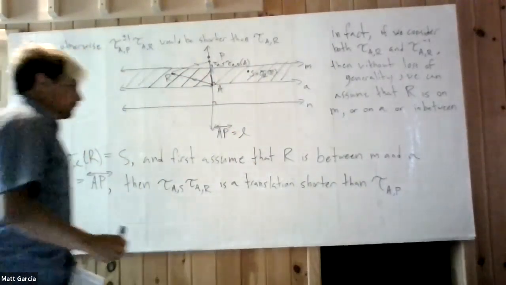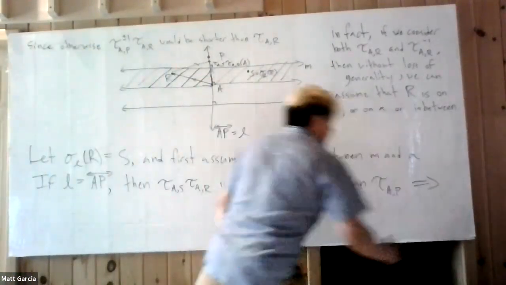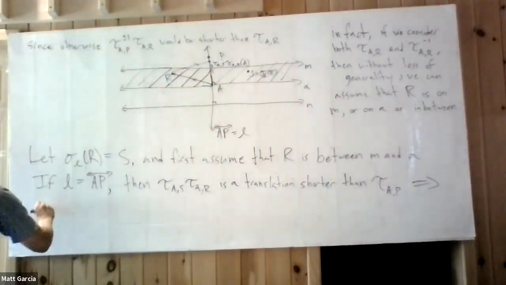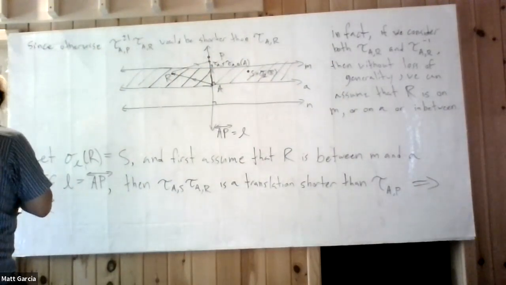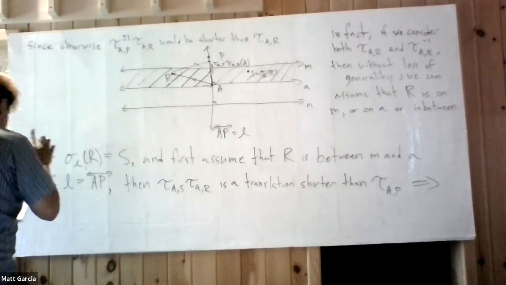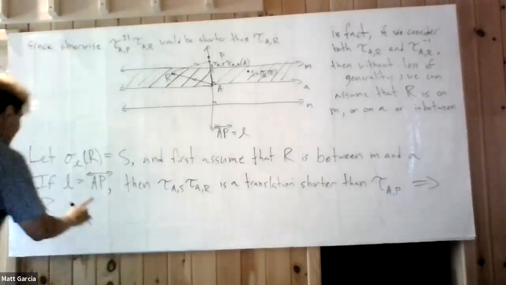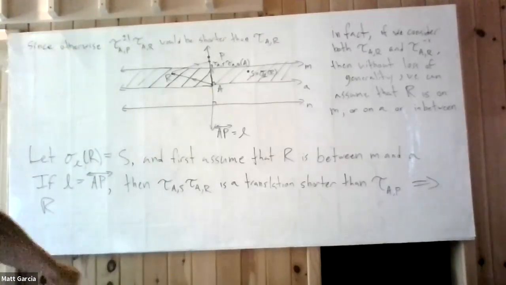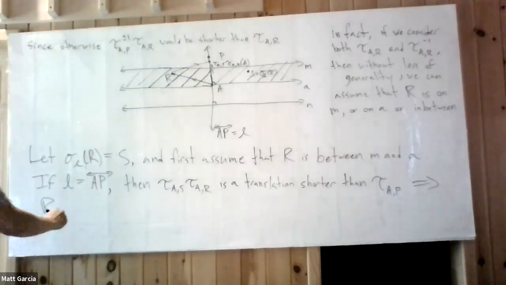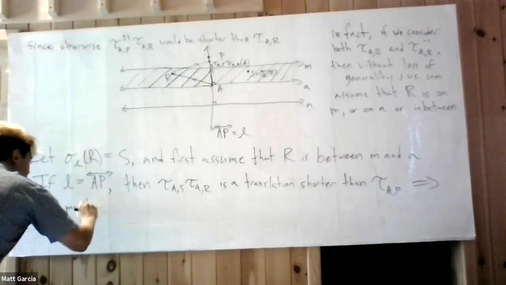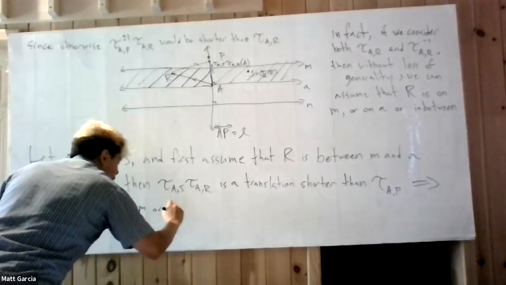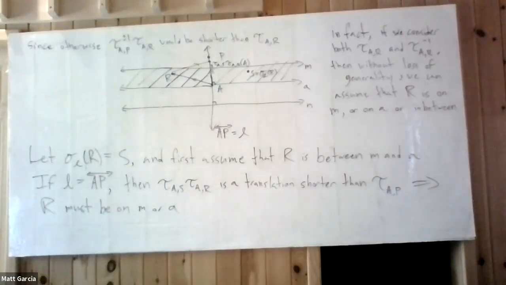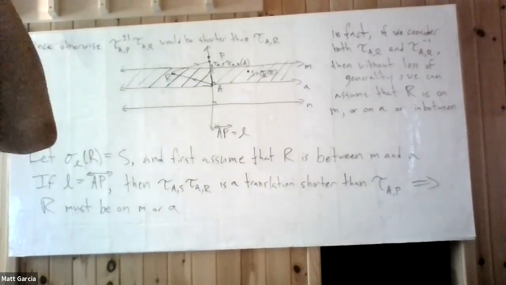Okay? So what does this imply? Right, okay. In this case, when L is equal to the line through A and P, R must be on M or A, right? It can't lie in between, under the assumption that L is the line through A and P.